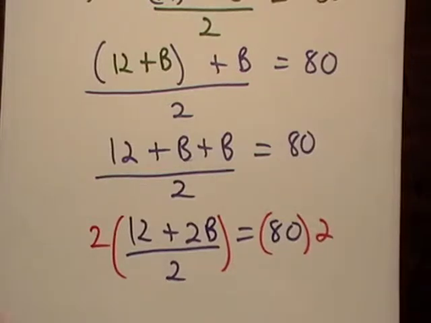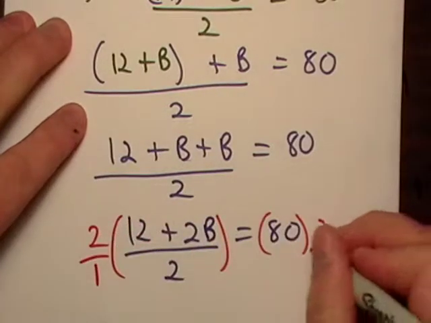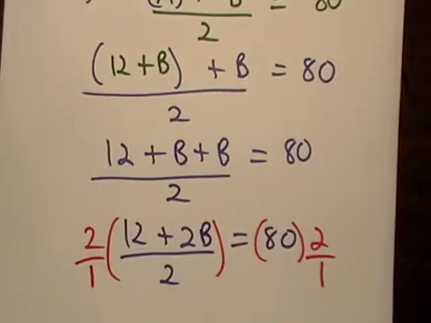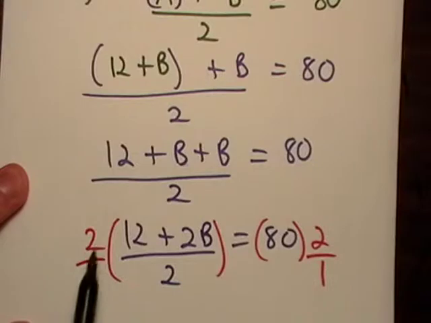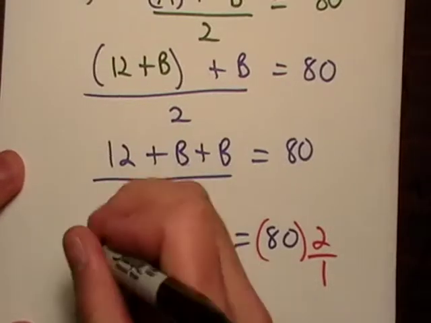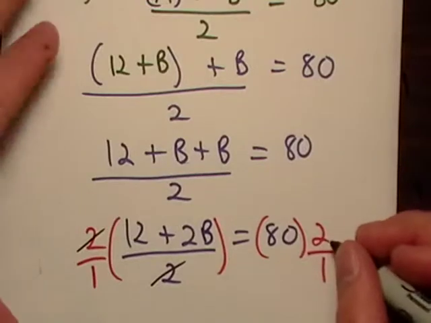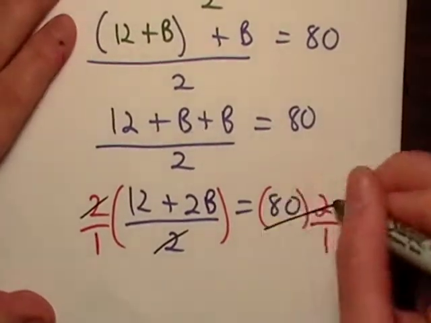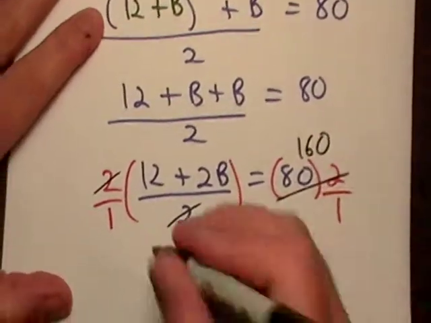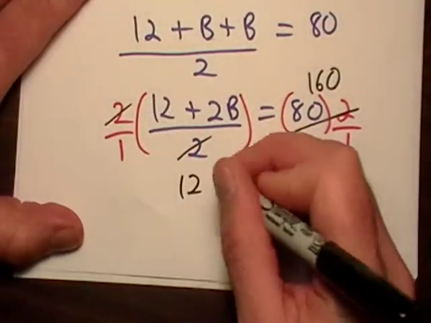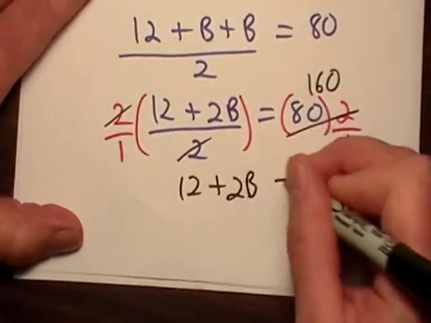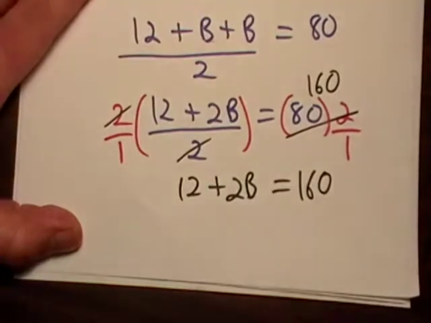Think about it like this: I'm multiplying it by 2 over 1, just in case you're still a little shaky on your algebra. This is going to cancel out, and this is going to turn into 160. So we end up with 12 plus 2B being equal to 160.